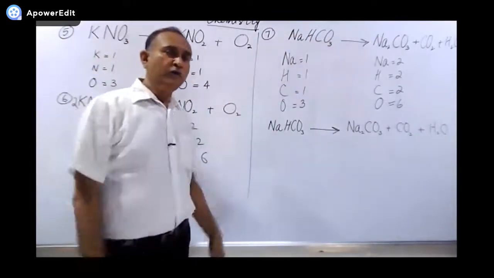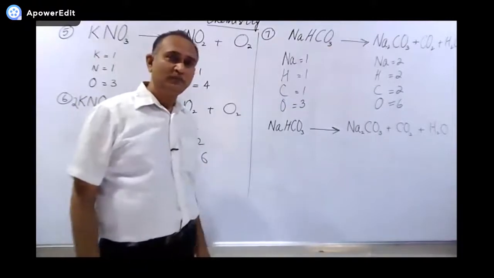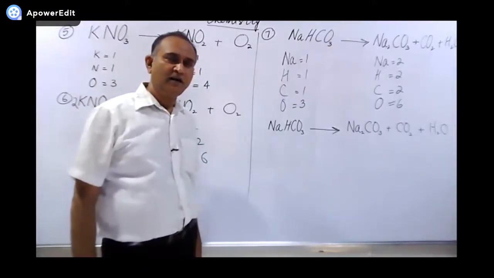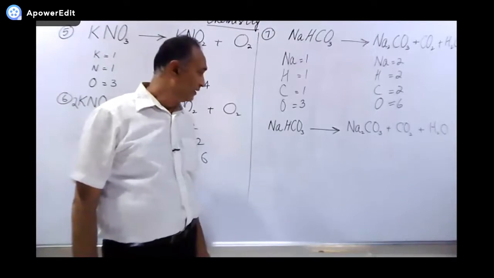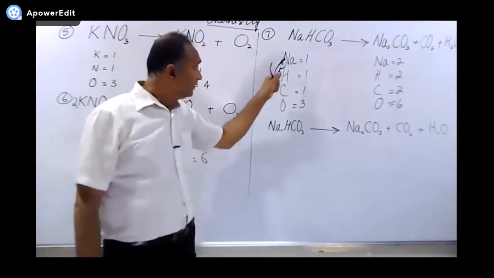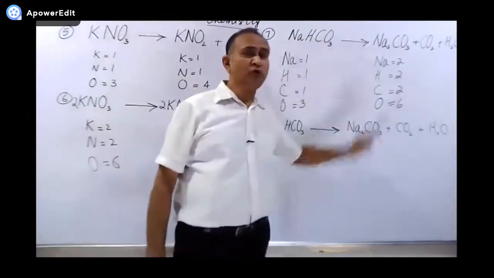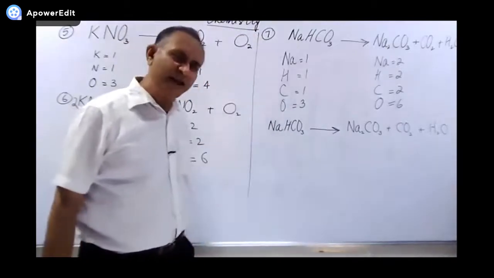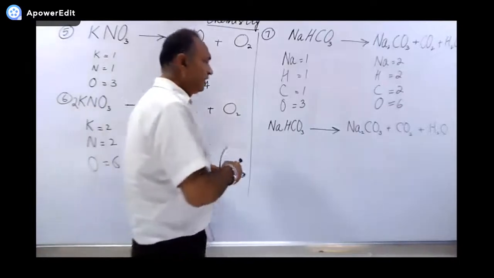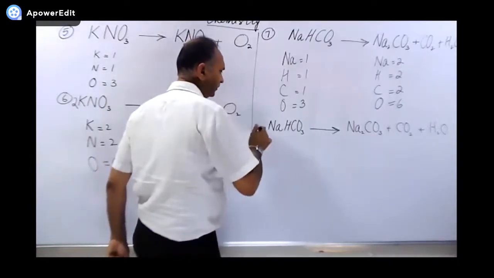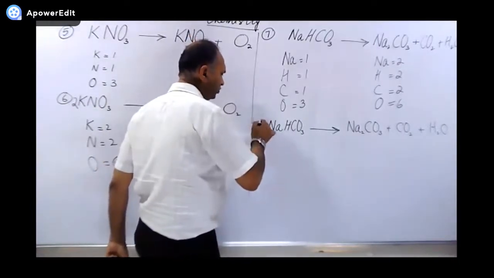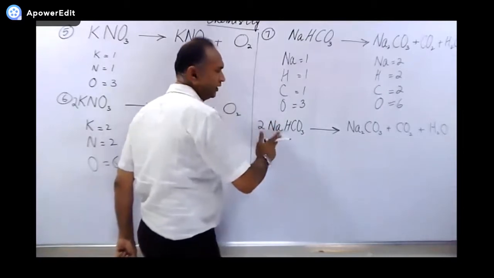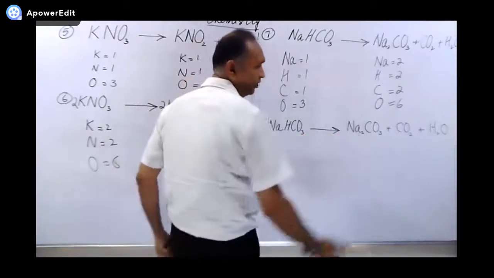Okay, all of you. One sodium, two sodium. So what can we do to make sodium balance with the help of this two? We have two sodium now and two sodium now.